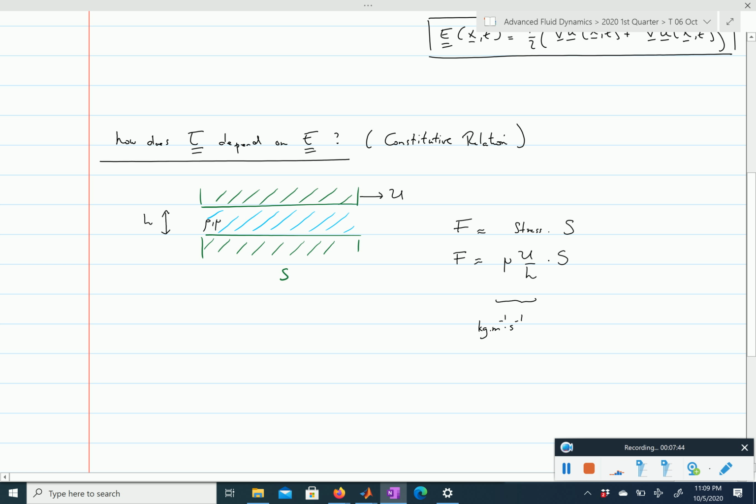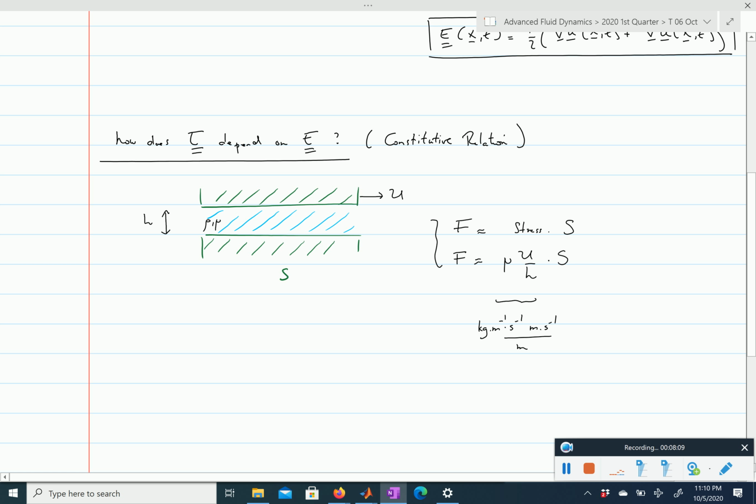You need a second to the minus 2, so if you multiply by a velocity u, in meters per second, you'll get your second to the minus 2. I have kilograms now, second to the minus 2, and I need to divide by a length scale, and the only length scale that I have is h. So if I divide by h, I get mu u divided by h, times S. So this is how you can get to a force by scaling.